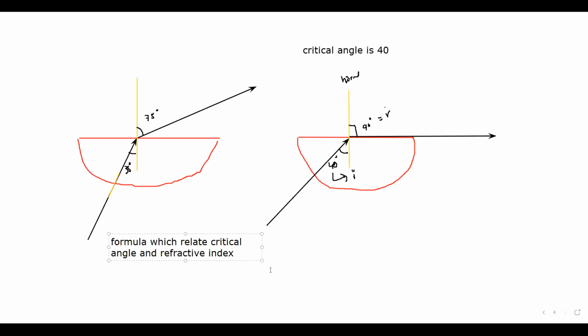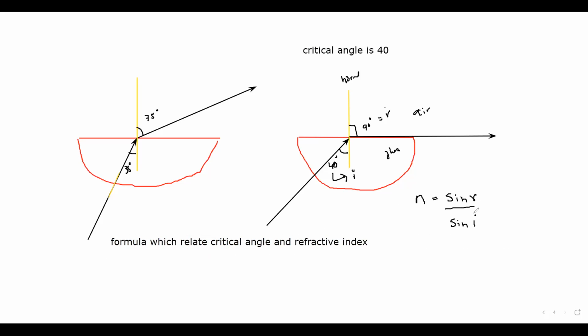The formula which relates the critical angle and refractive index, this is what we discussed last time. It is moving from glass to air. So if light is moving from glass to air, the formula for refractive index is sin r over sin i.